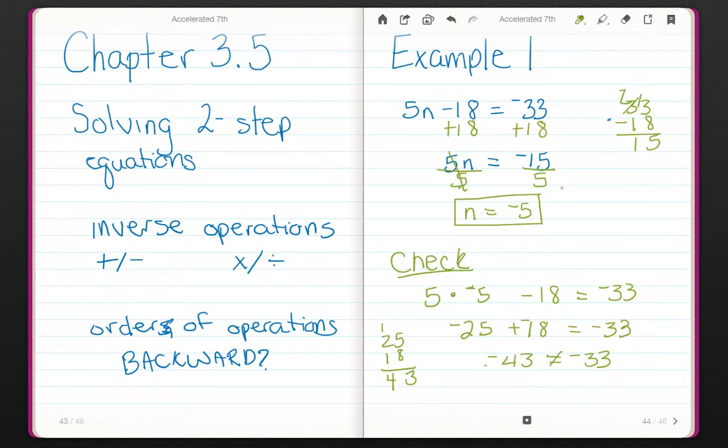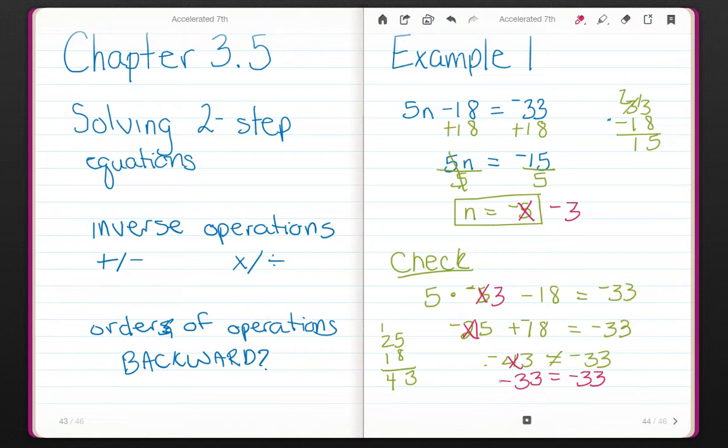So I'm going to go back up here and I'm going to notice, hey, wait a minute, Mrs. Pendry, basic math facts. Negative 15 divided by 5 is not negative 5. It is negative 3. So if I substitute negative 3 in here, I get negative 33 equals negative 33.